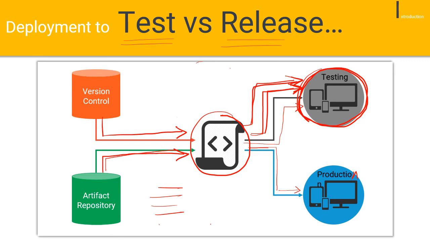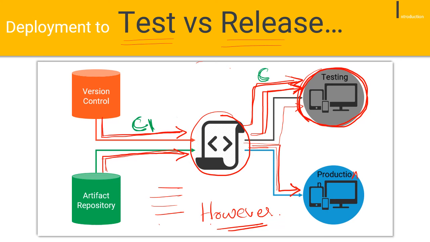The same thing happens when you release your software into production as well. It takes the configurations from the version control, it takes the binaries from the artifact repository, and then it places it in production. However, there is always a however. The configurations that you use for testing, right? C1.